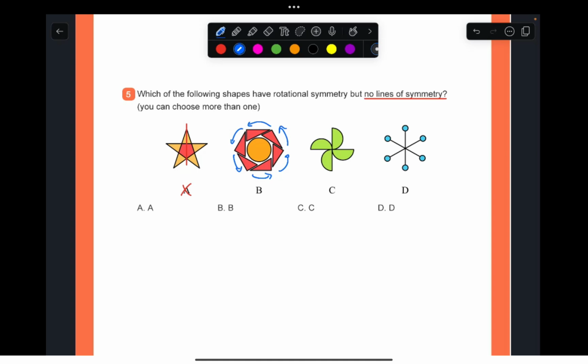So you can see it has rotational symmetry. So B is one of the answers. And then C. C is also one of the answers because there are no lines of symmetry and it has rotational symmetry. D has rotational symmetry, however, it also has lines of symmetry, right? So that's why D is not the answer. So the answer is B and C.